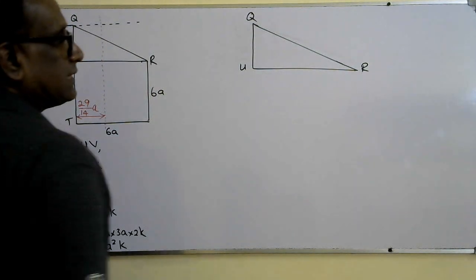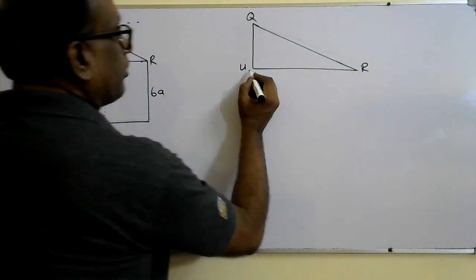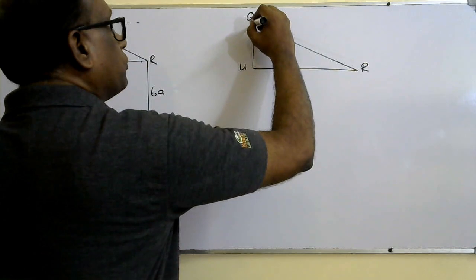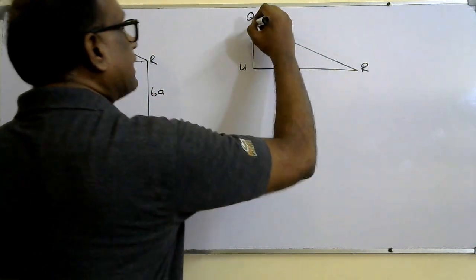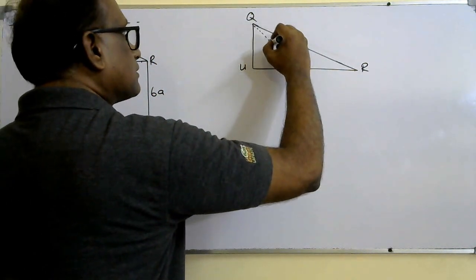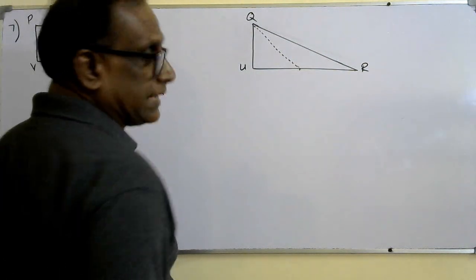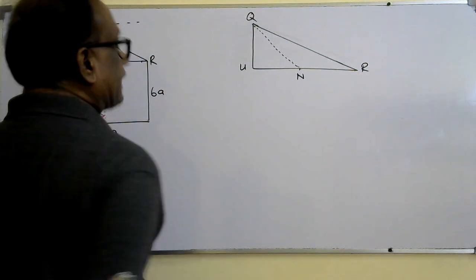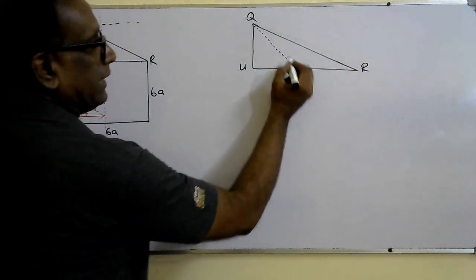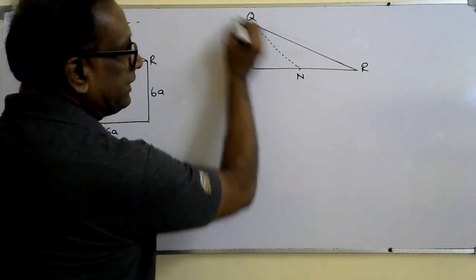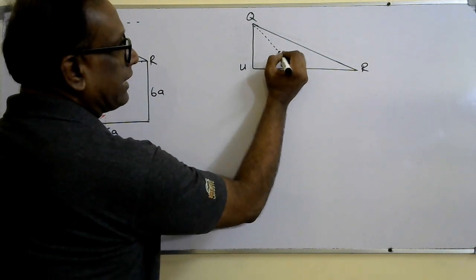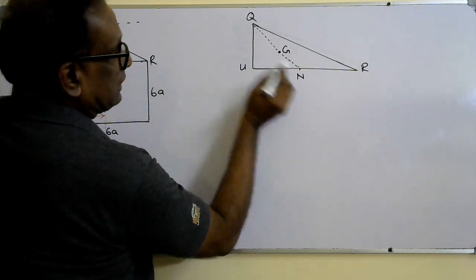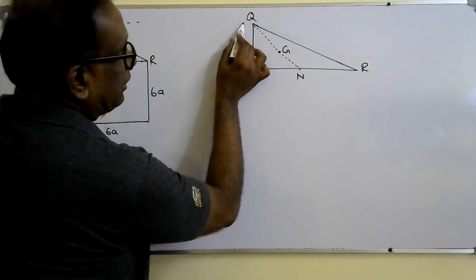When I consider the median from UR to Q, that will be the center, like this. If I call this center point N, the center of mass will be here, at 1/3 of line QN. So the center of mass will be somewhere here, G, at 2/3 of line QN.